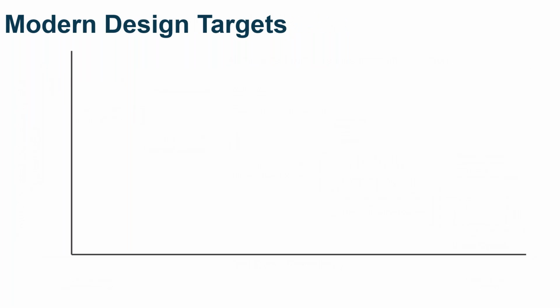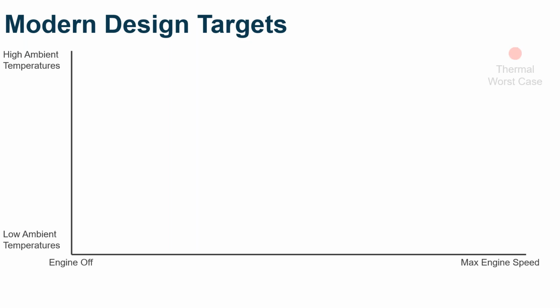That's why we've seen over many years the modification of design targets. And in a simple sense, we can think about things like the high ambient temperature or low ambient temperature on one axis and the engine load on the other. And it's pretty obvious that we often design around the thermal worst case, which is where we have both a really high ambient temperature and our max engine load. The issue with that is that that's a very extreme case.